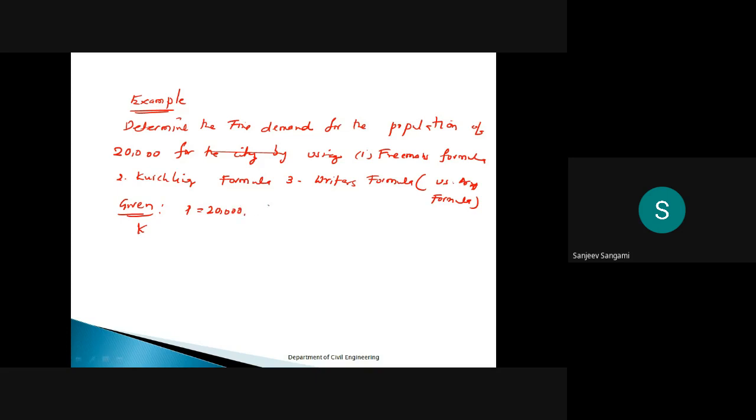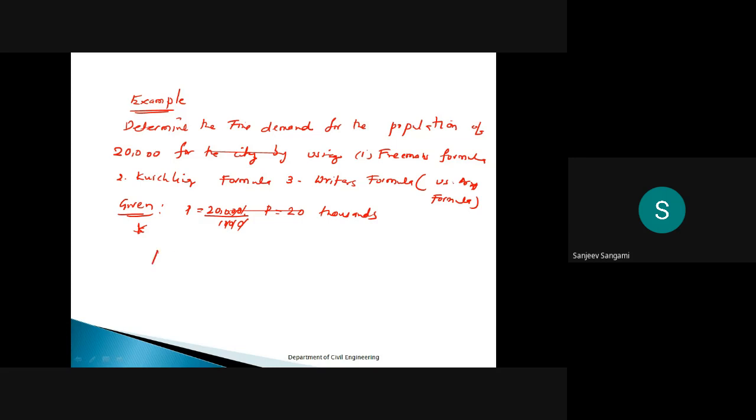When you convert this into thousands, P is equal to 20, since dividing by 1000 cancels. Why I'm converting this to thousands: whatever the formulas are, you have to substitute everything in thousands only.